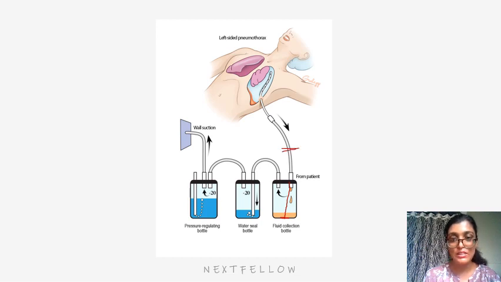Now this level will oscillate up and down with respiration. It will keep on oscillating. That's how you will come to know whether it is in the pleural space or has come out. So that is the bedside way to confirm. You should know the representation of this so that you'll be able to answer the picture-based, image-based questions.